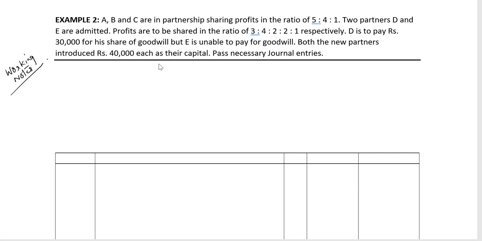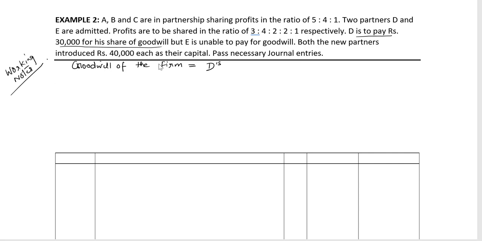Let's find out the goodwill of the firm. It's given that D is to pay rupees 30,000 for his share of goodwill.